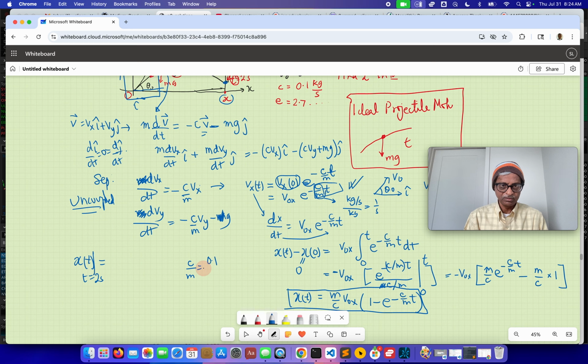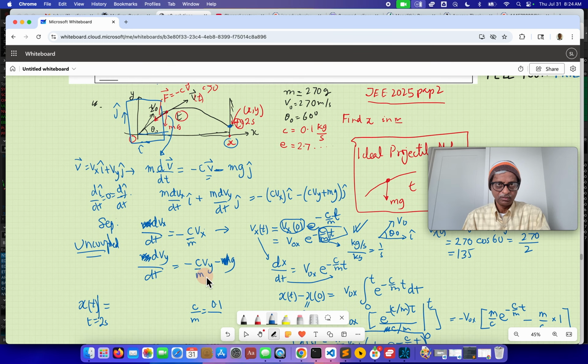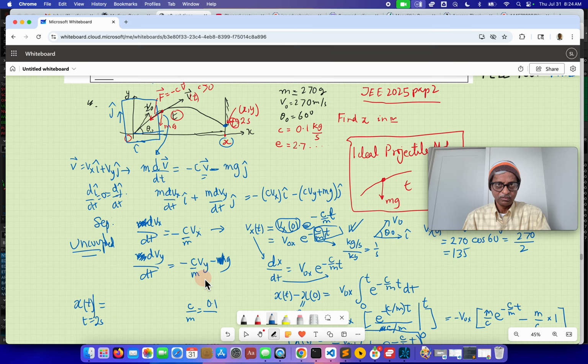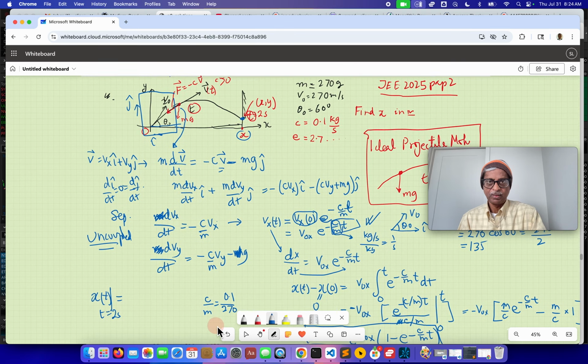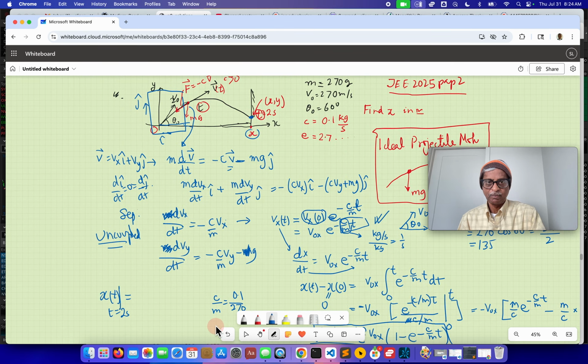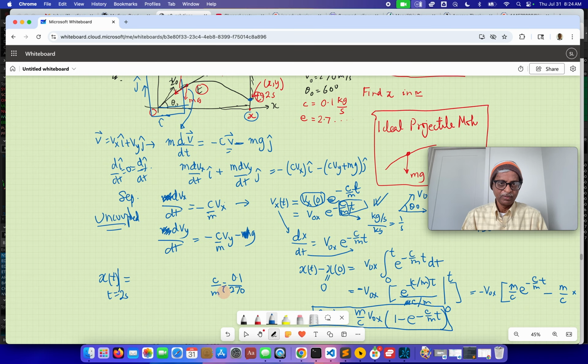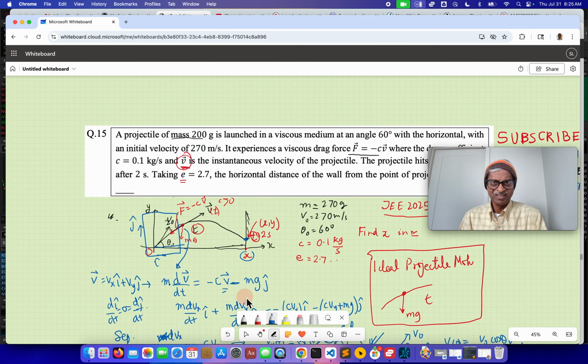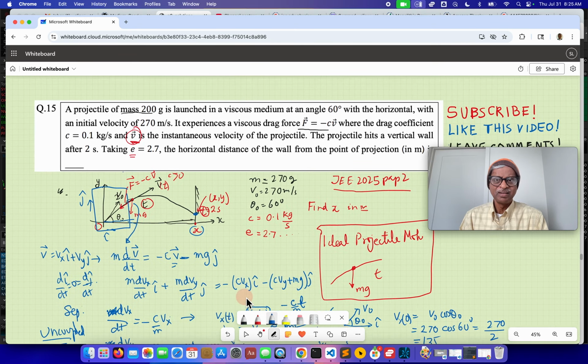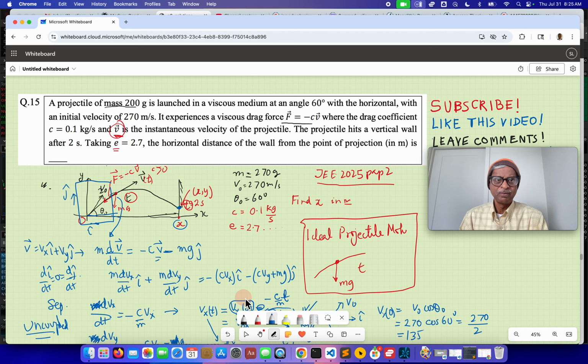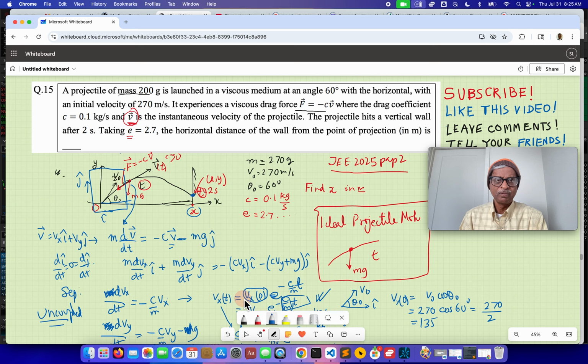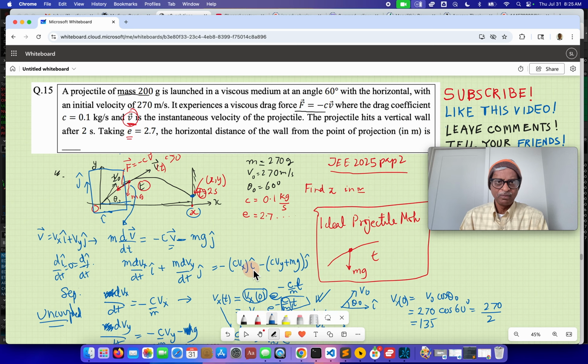C is 0.1 and m is 270. C is 0.1, m is 200, not 270, 200.